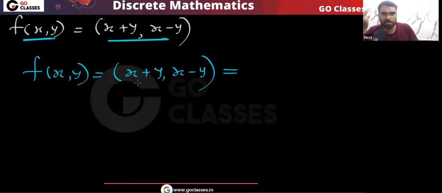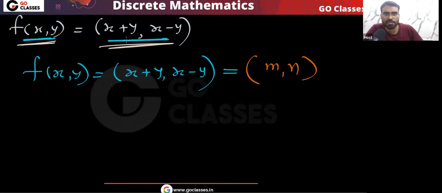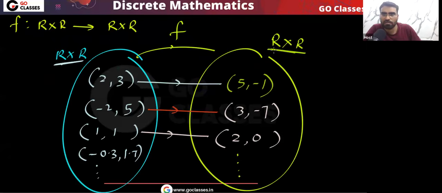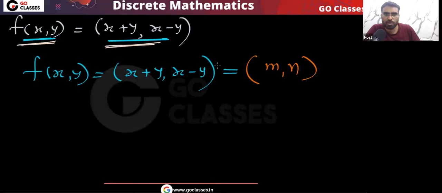Already y is used. Actually, I should write some ordered pair. Do you agree with me? Because the question has ordered pairs. The domain has ordered pairs, the codomain has ordered pairs, they are R cross R. So I will assume M comma N.